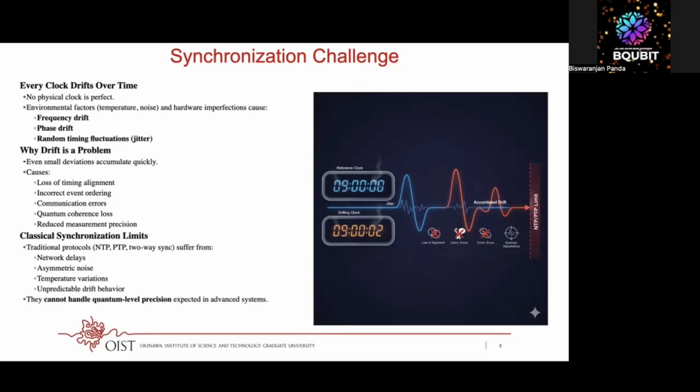These problems of the classical protocols cannot handle the advanced protocols of quantum cryptography and some advanced techniques in the future, like in 6G technology or 7G technology, whatever is there. So we need to see some other methods.